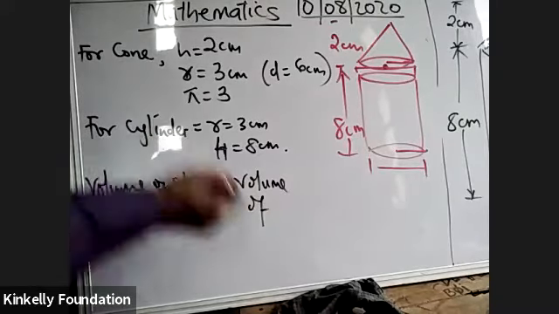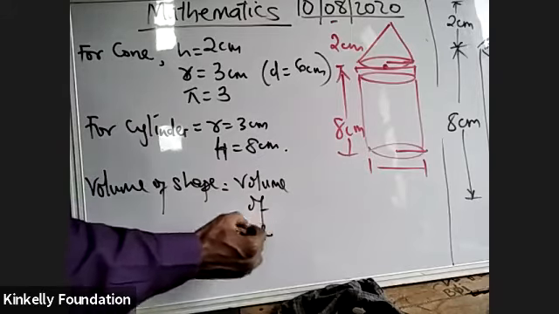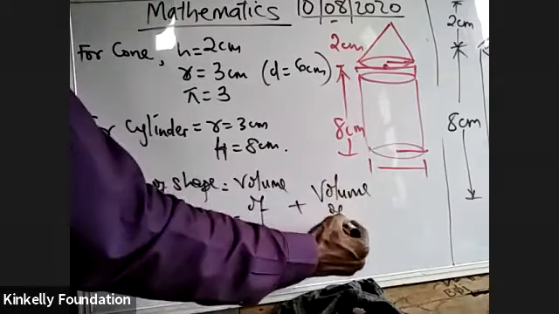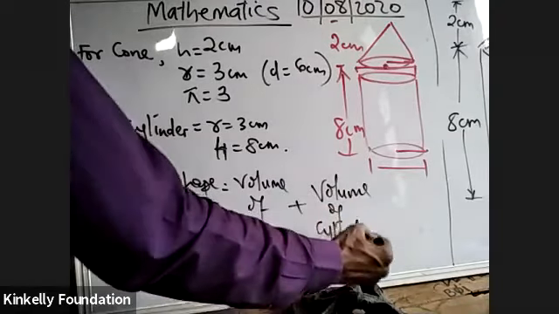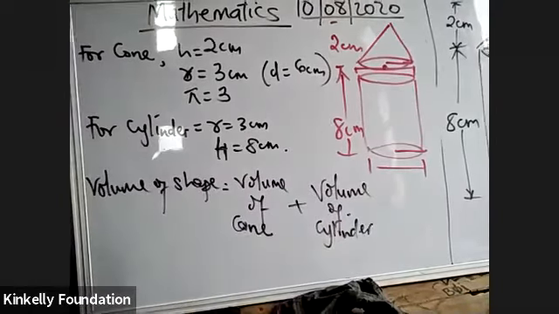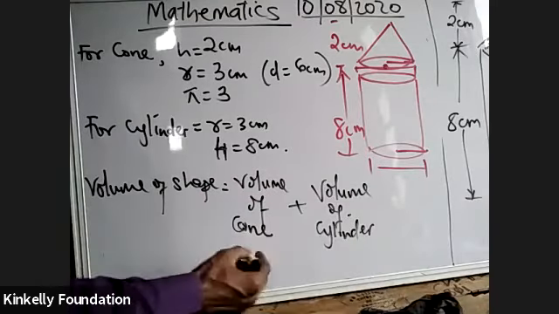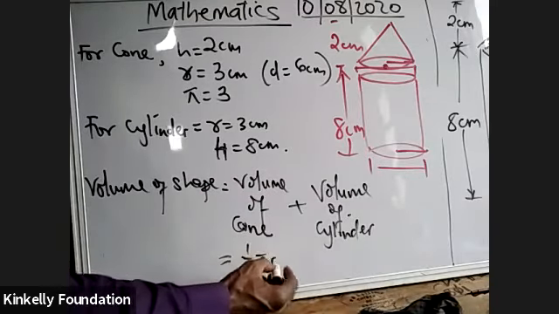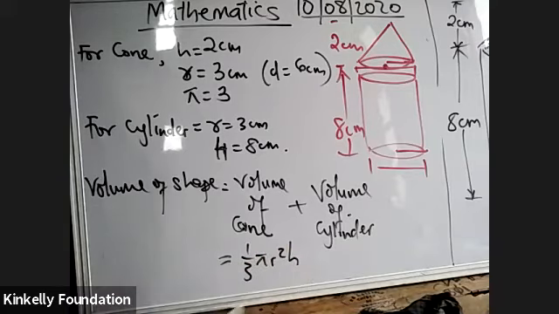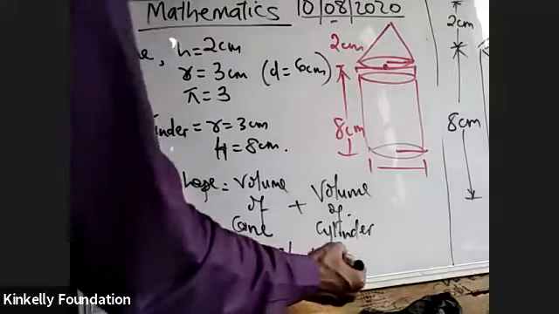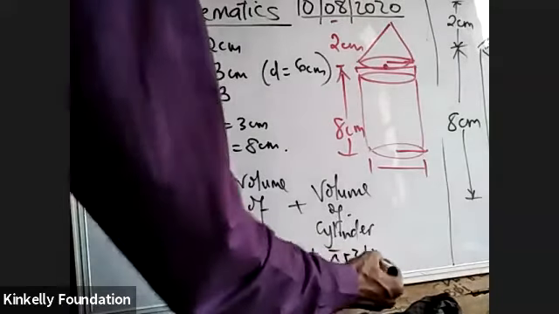Let's start with the cone. Volume of cone is equal to 1/3 pi r squared small h, plus the volume of cylinder, which is pi r squared capital H.